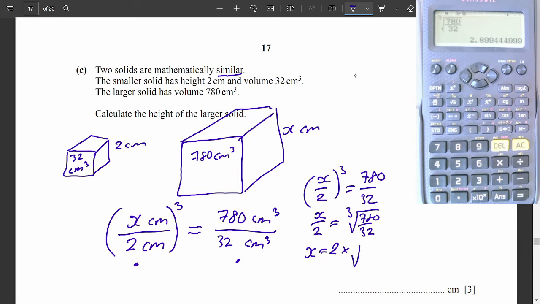So we multiply the 2 with what we have there, and we get this answer here, which is 5.79, and then there's a bunch of 8s. Okay. We can round that to 3 significant figures for our final answer. 5.79.